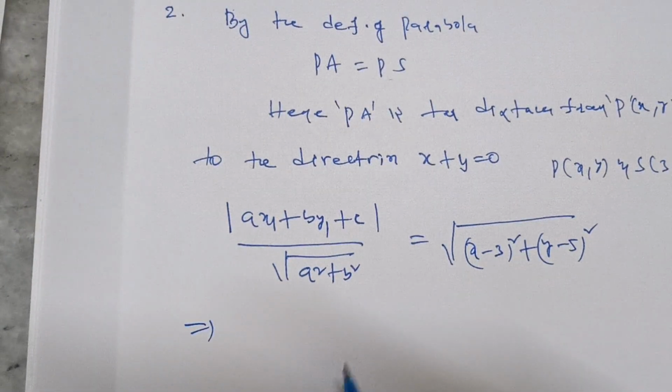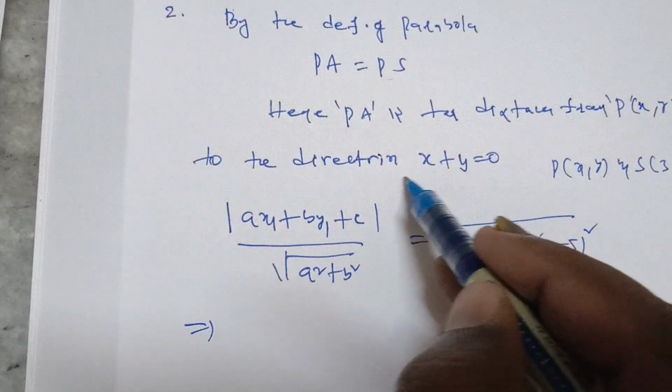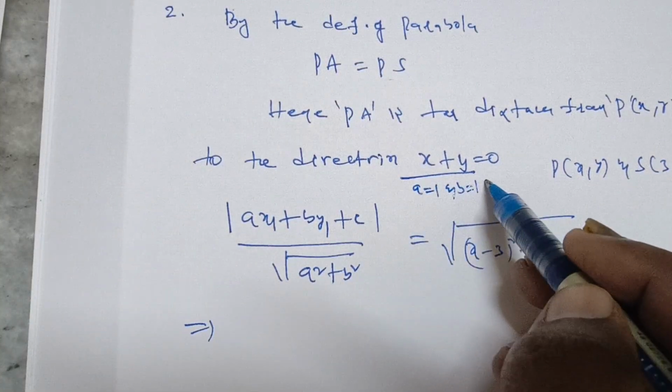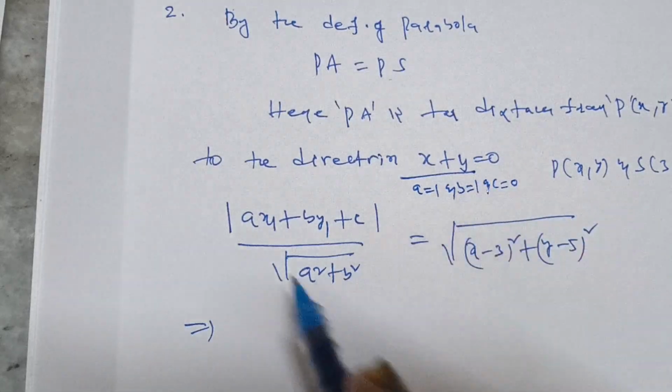So substitute here: for this line, a value is 1, b value is 1 and c value is 0.